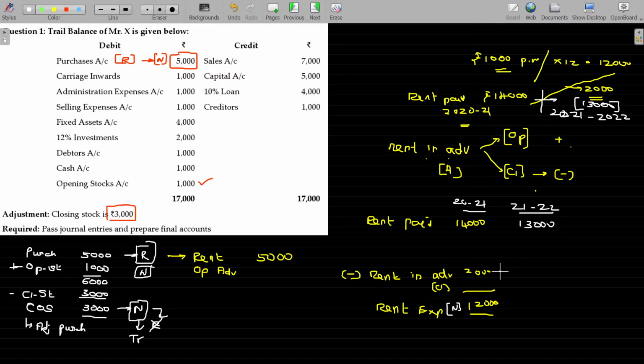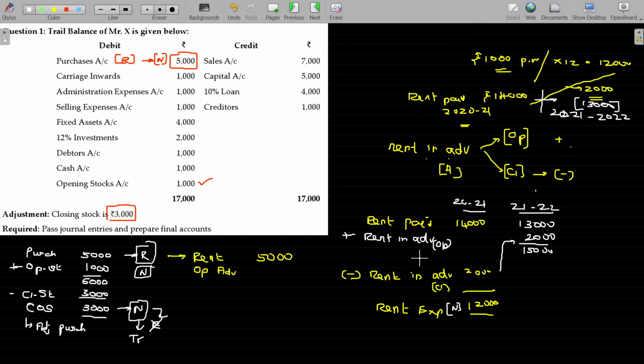The rent in advance of the previous year becomes the opening and should be added. So you need to pay only 12,000 rupees. As per this, you have to pay only 10,000 rupees, but you paid 13,000. Add rent in advance, opening. So when it comes to 21-22, you paid 13,000 rupees.